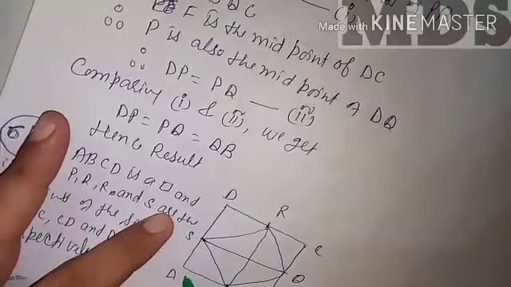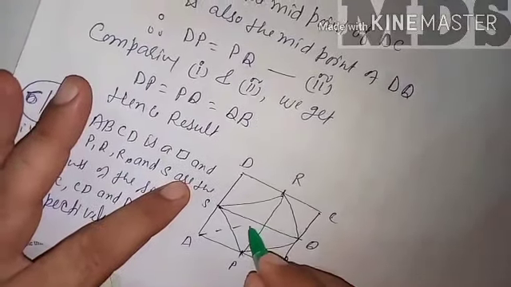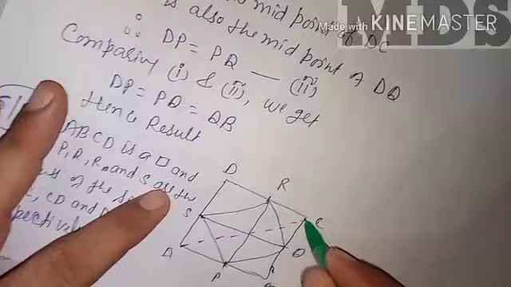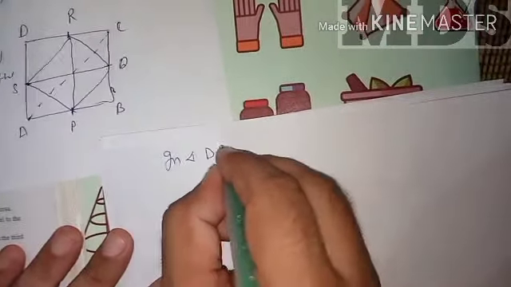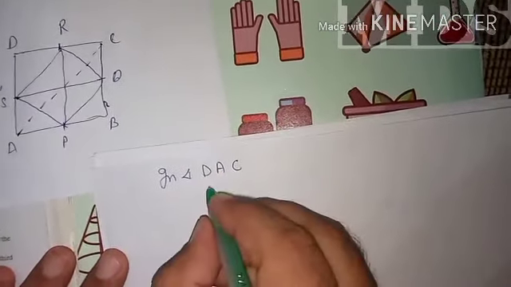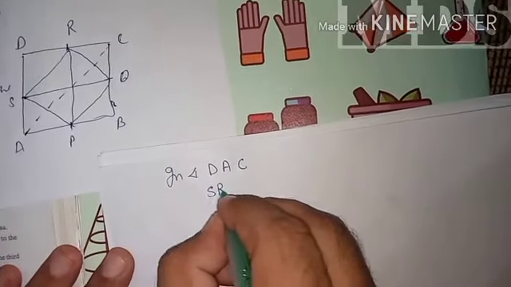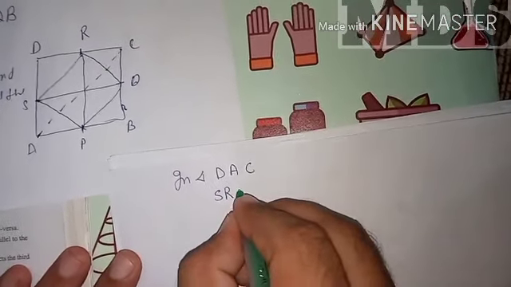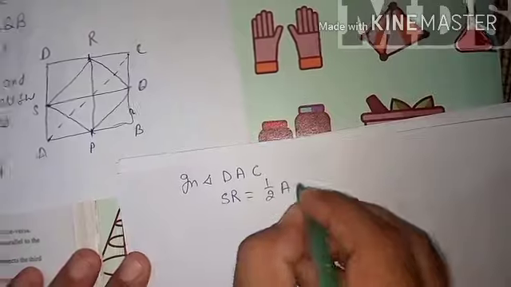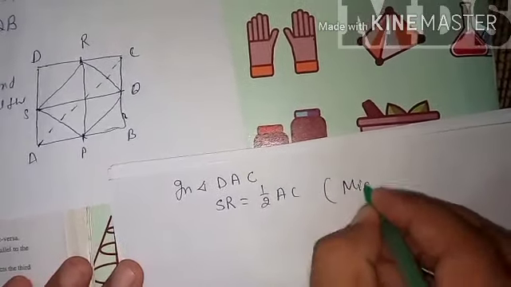So what you can do, you can say in triangle DAC, SR is equal to half of AC by midpoint theorem.